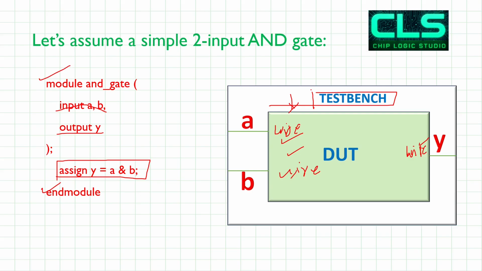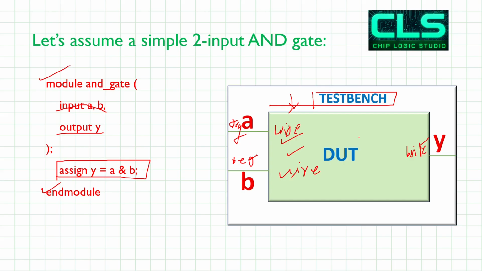But for the testbench, we are storing our inputs and checking our output. So in our testbench, inputs are reg because we want to store what we are giving to our DUT.